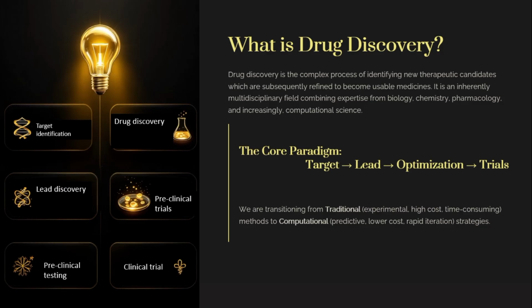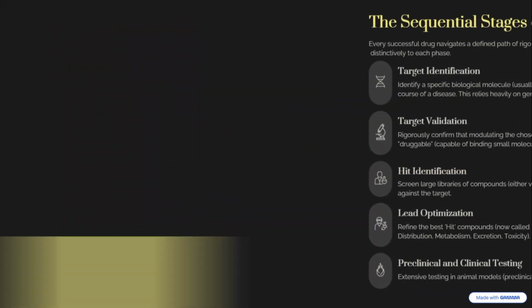In vitro means in glass or in lab: you are doing your research in the lab, in a petri dish, in a glass. And the third one is in vivo, where you are going through preclinical trials and clinical trials, which we'll discuss in our next slides. So, move forward.